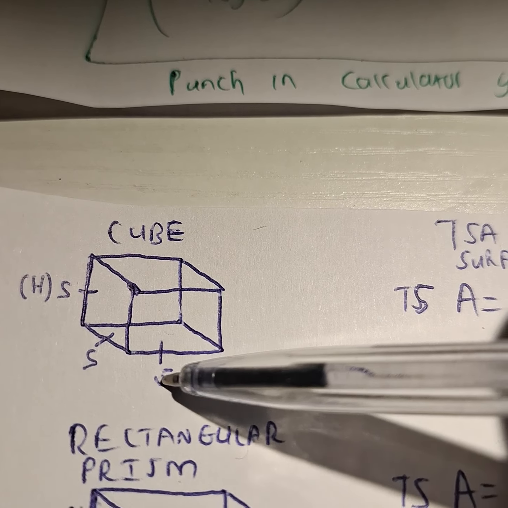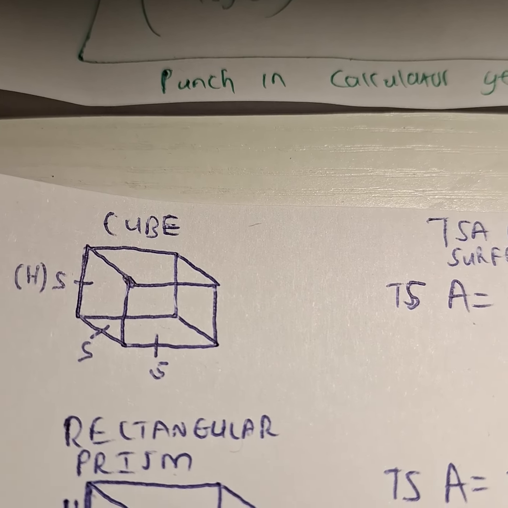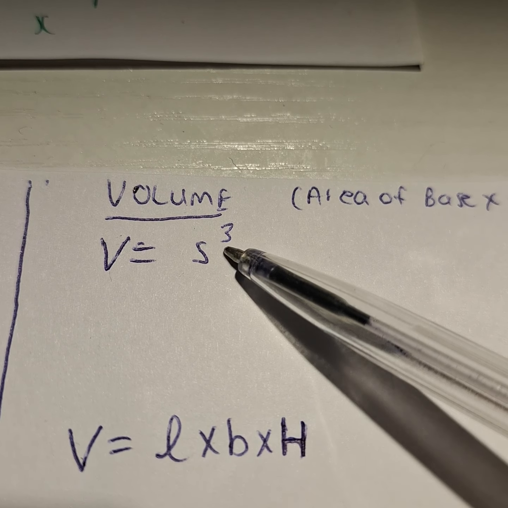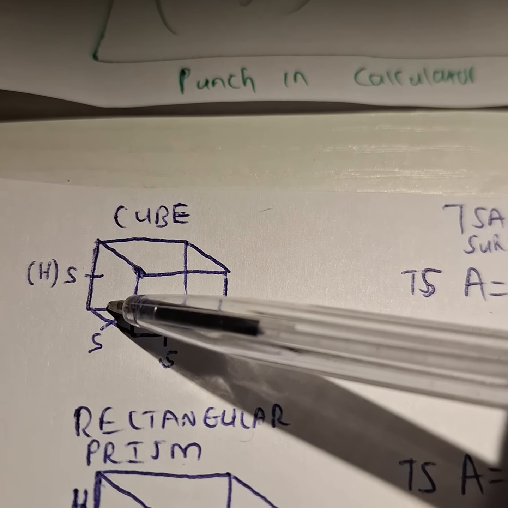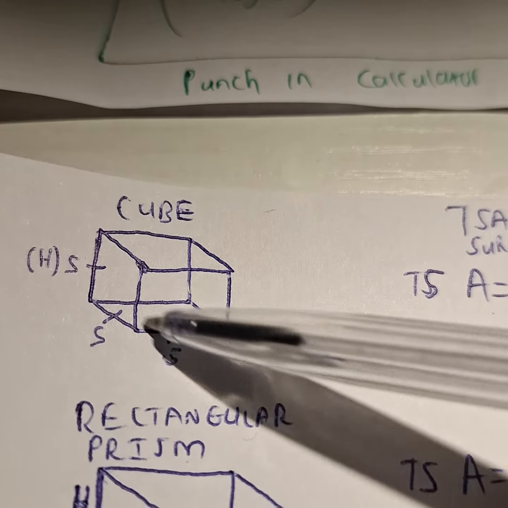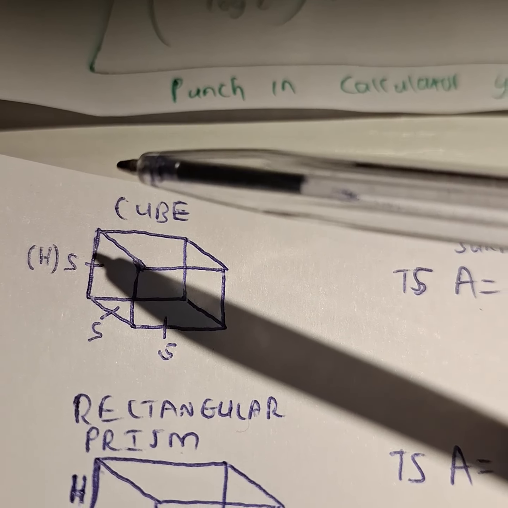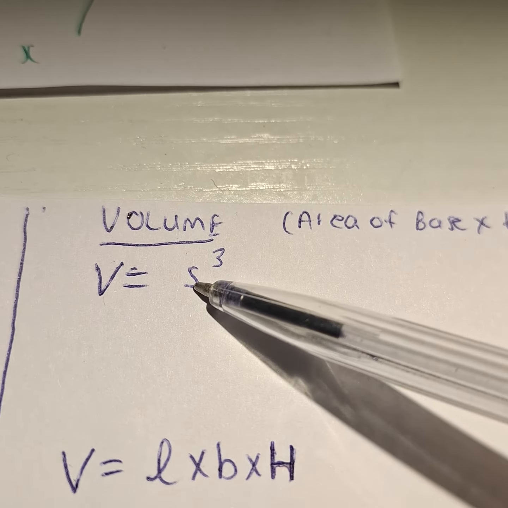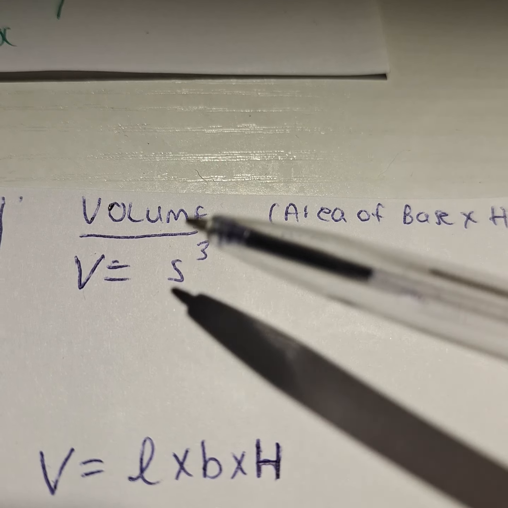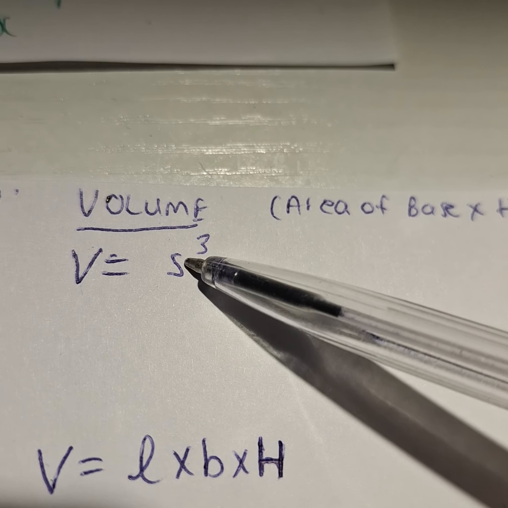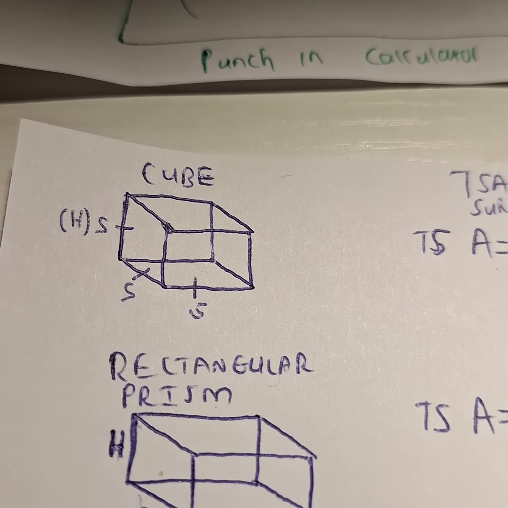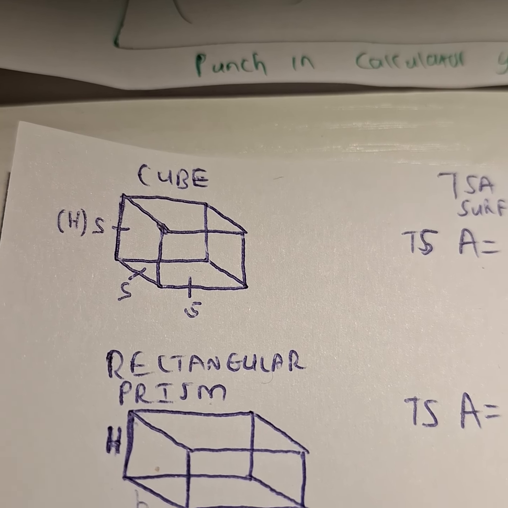It's like saying s times s times s, which is s to the power 3. The first s times s is the area of its base, and then times the height, which is the third s. So you multiply the respective dimensions of that cube to get the volume of the cube.